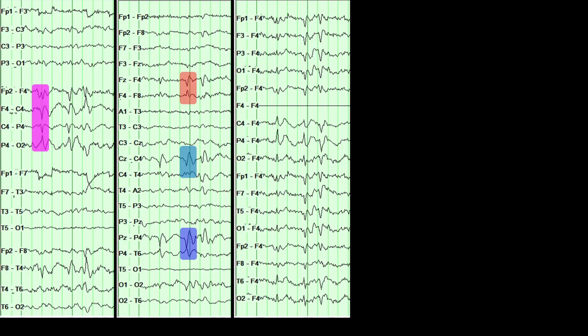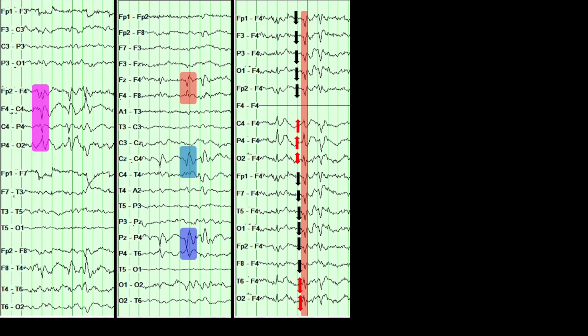I will start by using F4 as the common electrode to create a common electrode reference montage. Please notice that I am using F4 as the common reference. As you can see in this new frame, I have highlighted the potential in question. Now I have placed by the side of each potential an arrow in the direction of the potential.